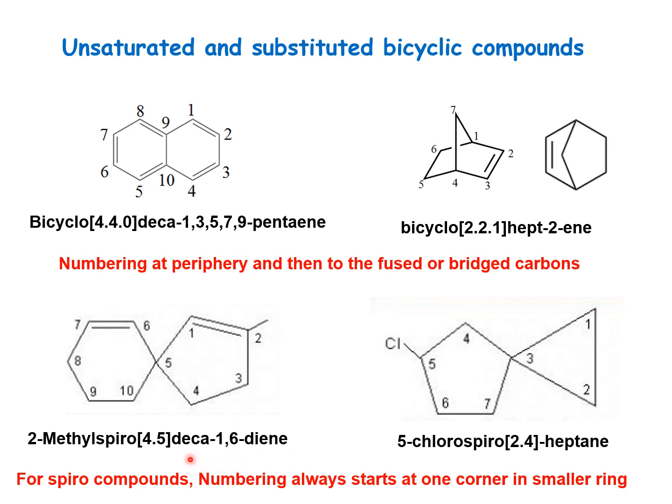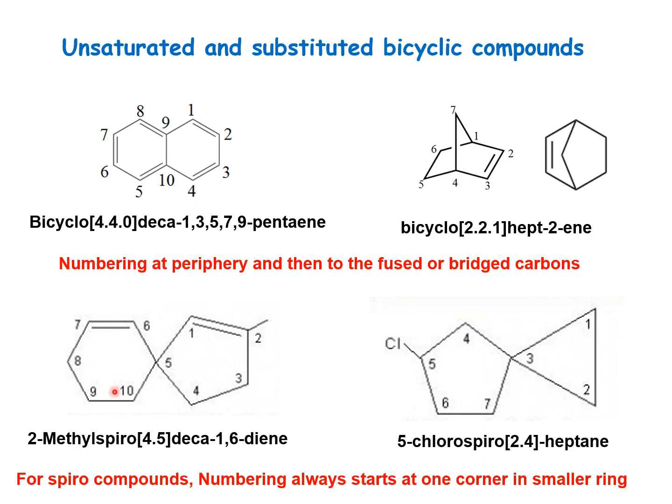There are 5, it is decane, but there is additional methyl substitution. If there is nothing written, only a line is drawn, then it indicates there is a carbon. So this is methyl substitution. So numbering will start at one end and it will continue while giving the lowest number to the substitution, as well as continuing in the next string, giving the lowest number to the double bond, and it will not start from here.